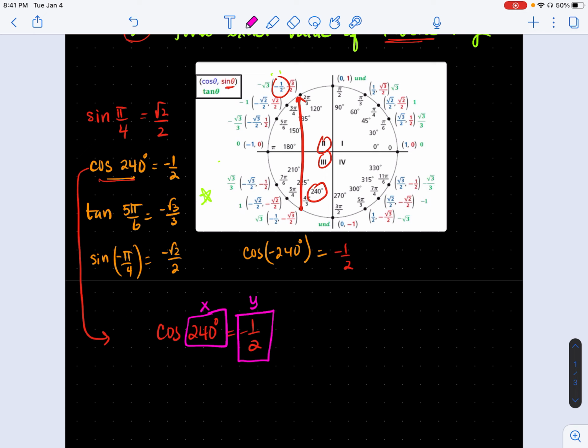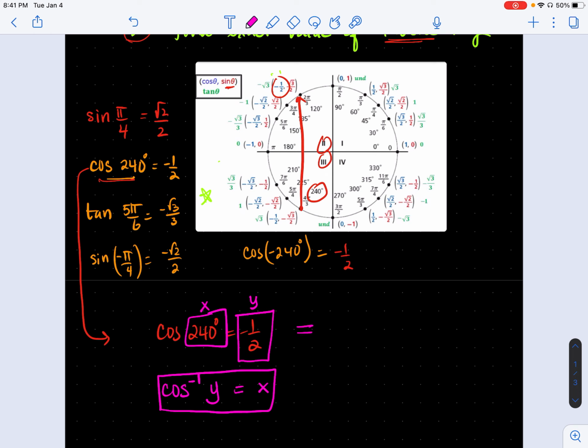Inverse is when input and output are swapped, which means when y becomes the input and x is the output, we automatically have the inverse of the function. Inverses are written with that negative 1 sign on top. So cosine inverse would automatically mean where y becomes the input and x turns out to be the output. And this is the format of inverse functions.